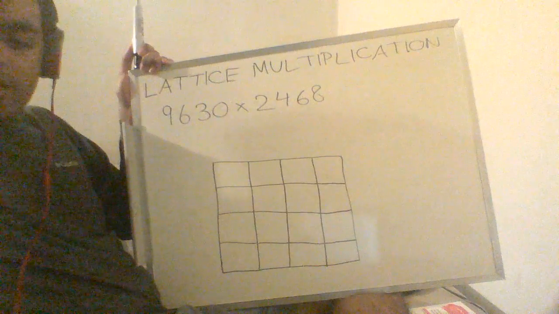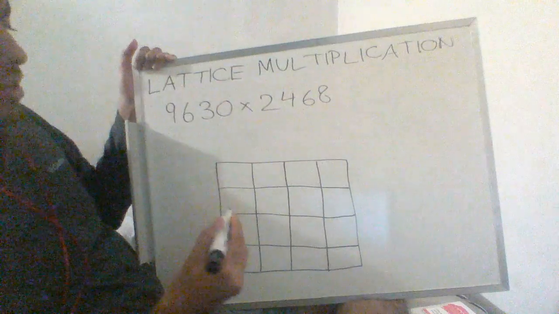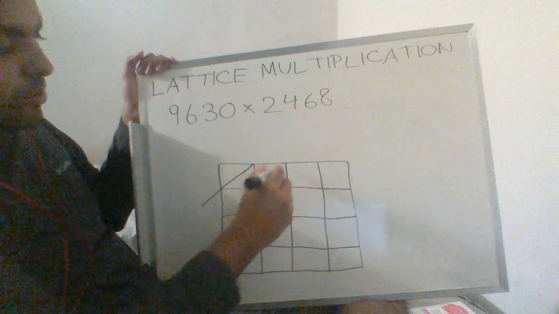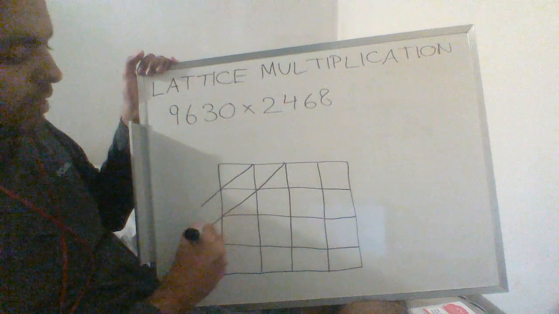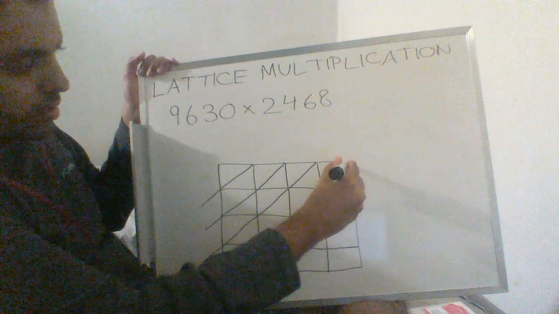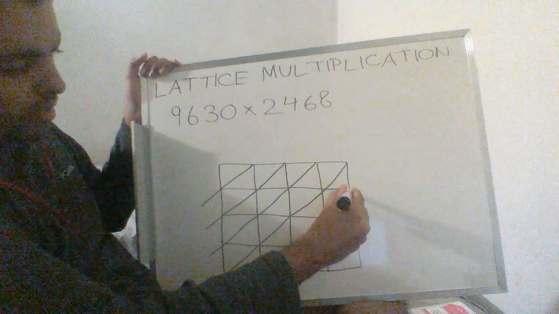Don't try and read the numbers. I'm just showing you that they're really, really wide boxes. But I think for me it's just easier on the eye if they're all squares like this. So we make our squares like so. And because it's a 4-digit number by a 4-digit number, this is going to be fairly large.